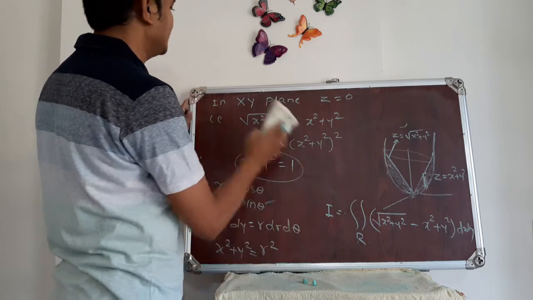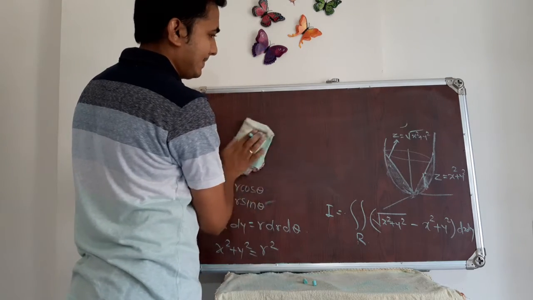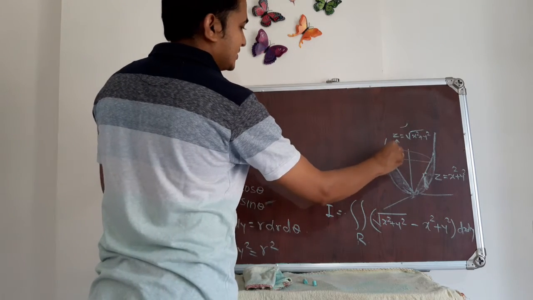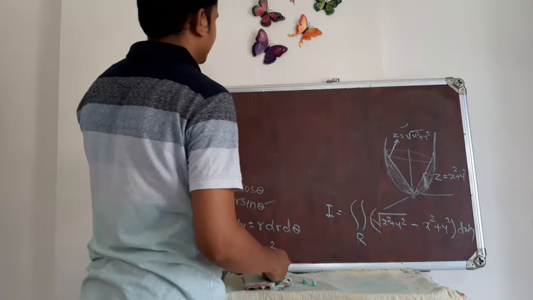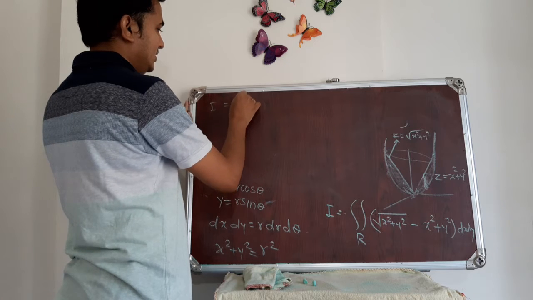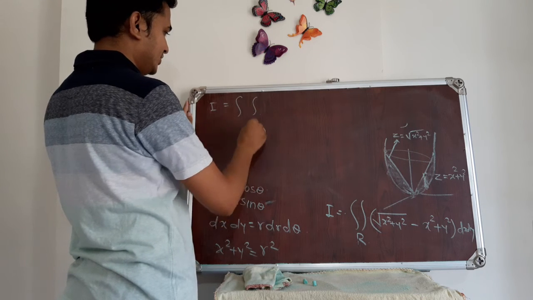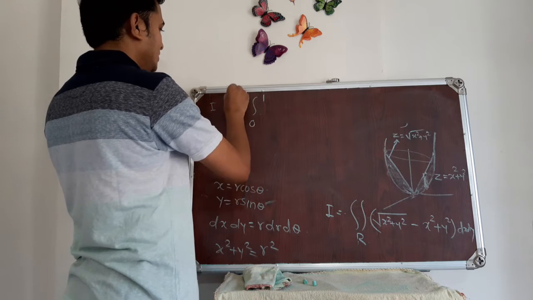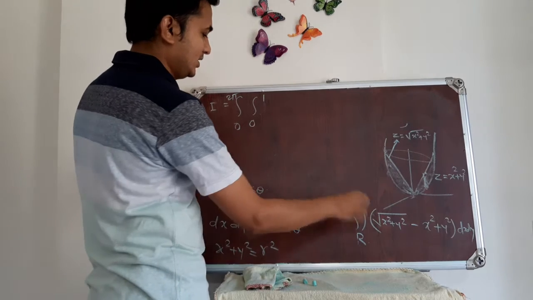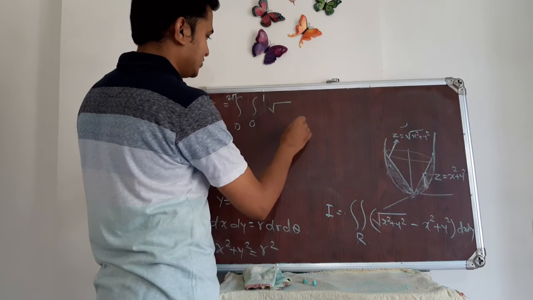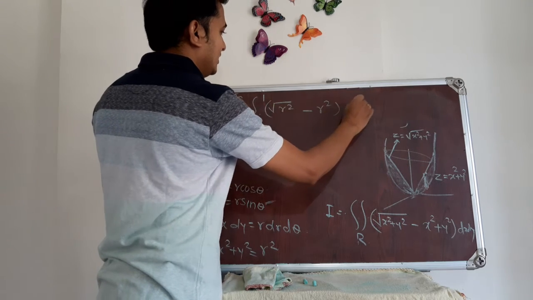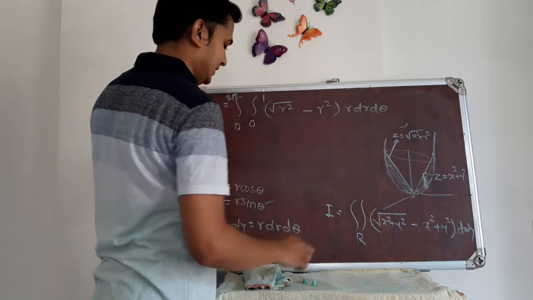So basically for this circle, z is equal to 0, and I is equal to the double integral with limits of r from 0 to 1 and limits of theta from 0 to 2 pi. Under root x square plus y square is r, so it is r minus r square, times r dr d theta.